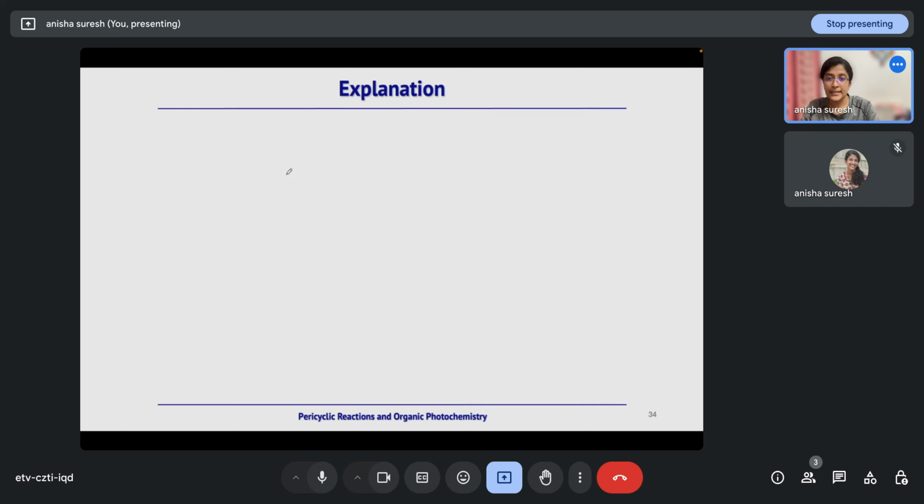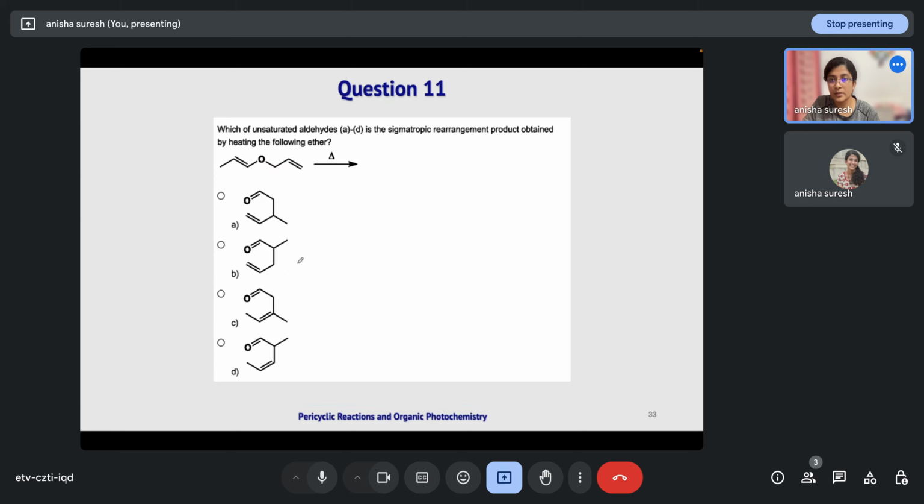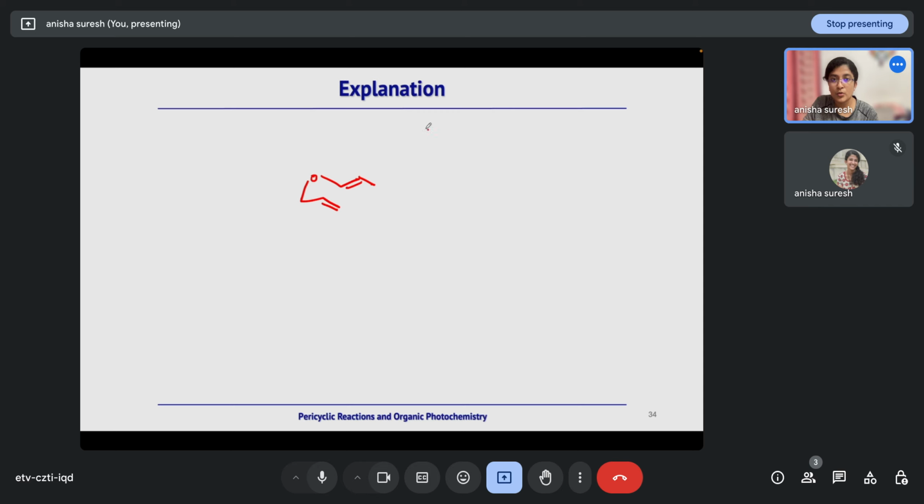So let us see the mechanism. So we can draw it in this fashion. Right. This was E, and then allyl, O. This was our starting material. It can be drawn like this.